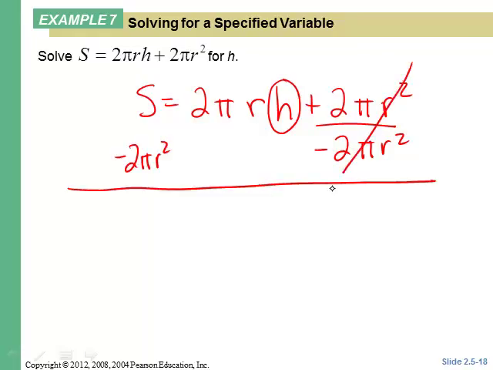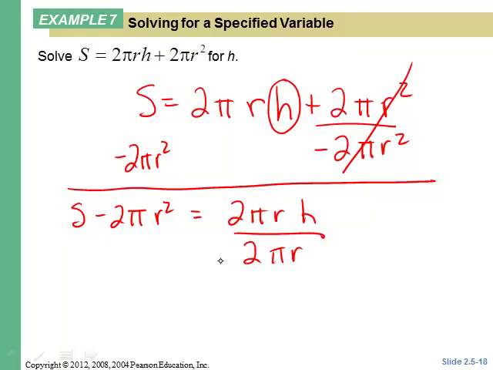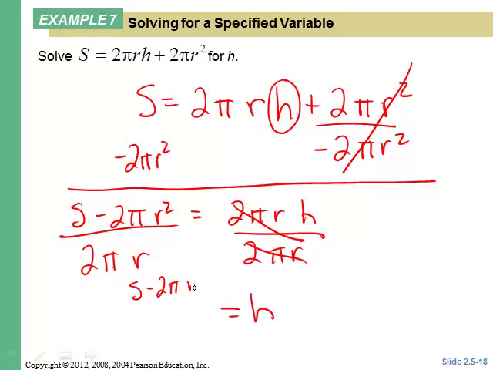And when I do, that goes away, and I'm left with S minus 2 pi r squared equals 2 pi r h. So now I should divide both sides by 2 pi r. And these cancel, and you're left with h equals S minus 2 pi r squared over 2 pi r.